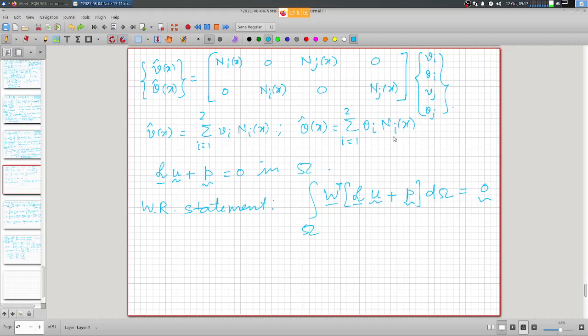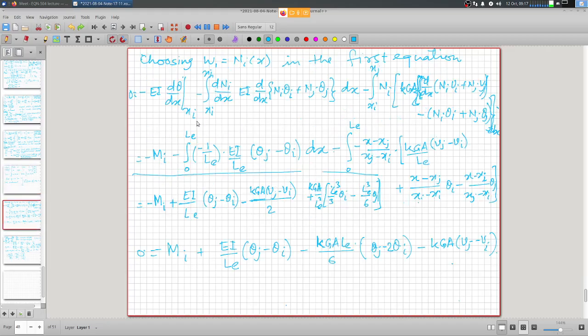So v equals summation over i of V_i N_i, and theta equals summation over i of theta_i N_i. And then we substitute this in the weak form and evaluate the integrals and choose the weighting function as N_i and N_j in sequence, and we get 4 equations for 4 unknowns, that is V_i, theta_i, V_j and theta_j, and those will be the equations of equilibrium, right?